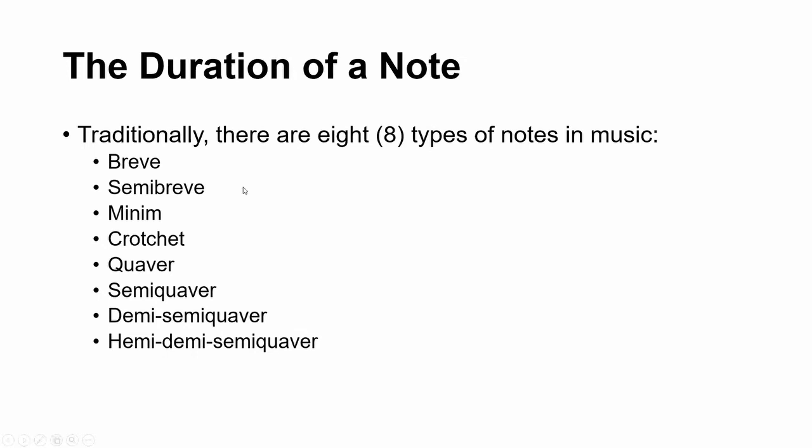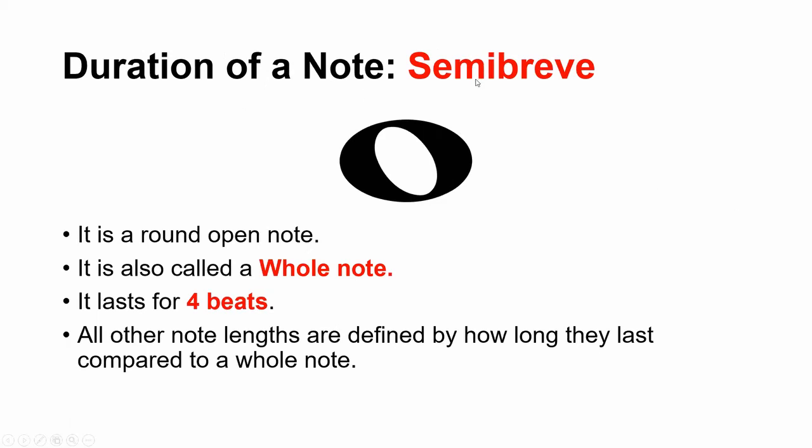Okay? So now we're going to look at each of these types of notes, and we're going to look at their symbols, what they look like, so that when you see them in music, you'll be able to recognize them. All right? So the first one we are going to look at is called the semi-breve. Now the semi-breve looks like an egg, like an oval-shaped egg that is not filled in.